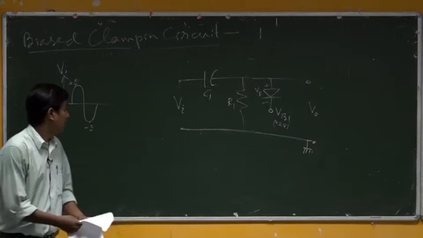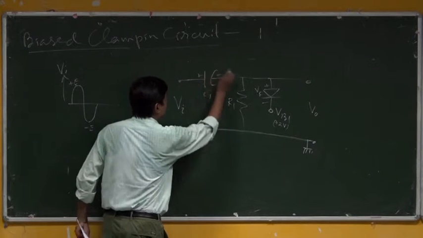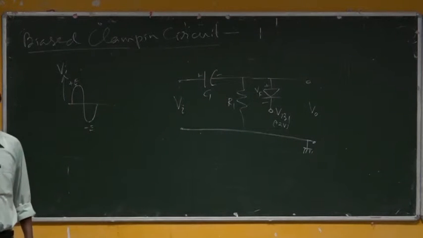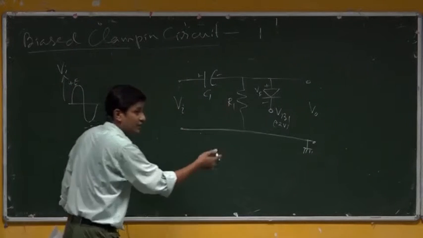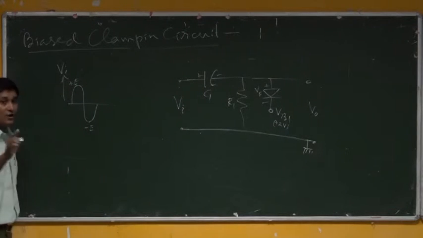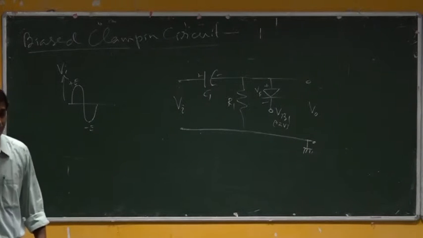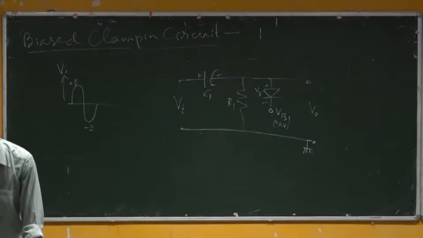Okay. Now, in this circuit, if I analyze like earlier, I have to go for each and every potential for this kind of input, where it is not a square pulse like earlier. This is the difference incorporated here.